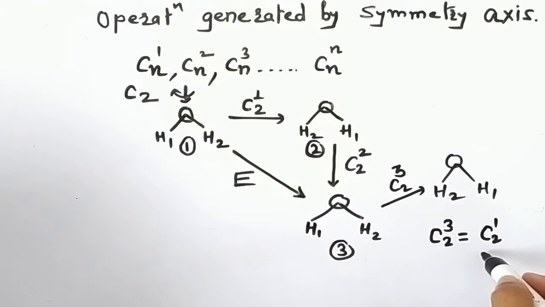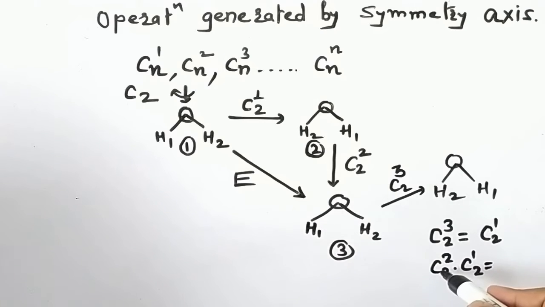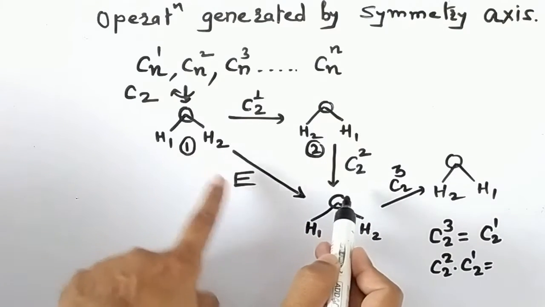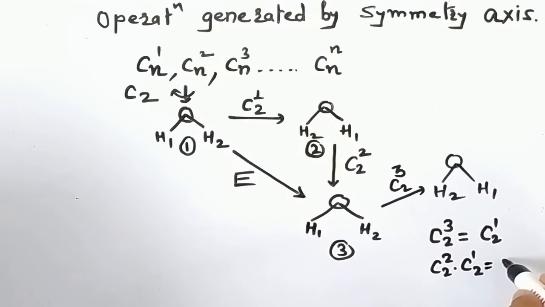I can write this as C2 twice multiplied by C2 one time, which becomes C2 thrice. As we know, C2 twice is equal to E, and this E into C2 once gives this resultant.